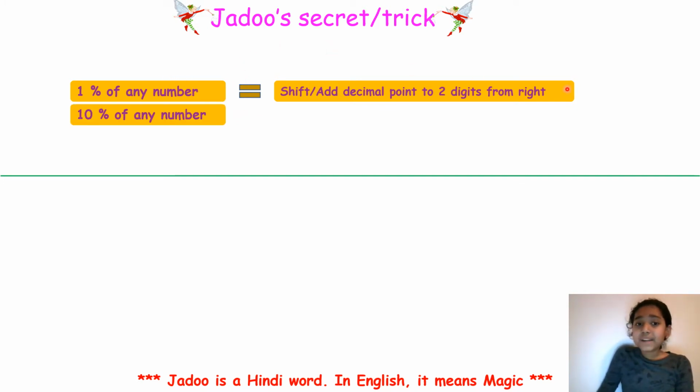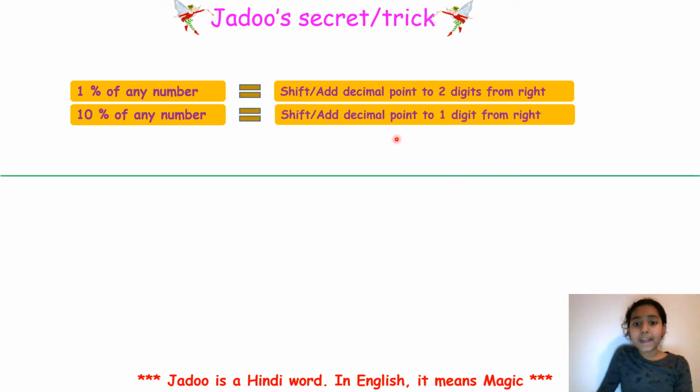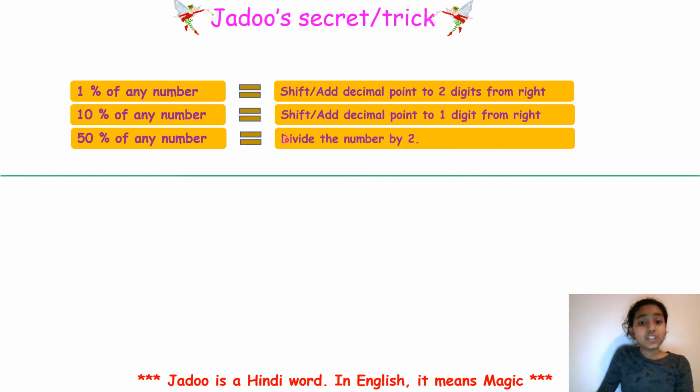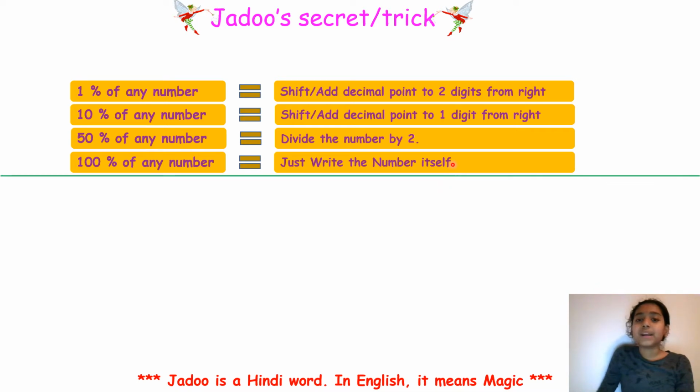Next, 10% of any number: just shift or add the decimal point 1 digit from the right of the number. 50% of any number: just divide the number by 2. 100% of any number: just write the number itself.